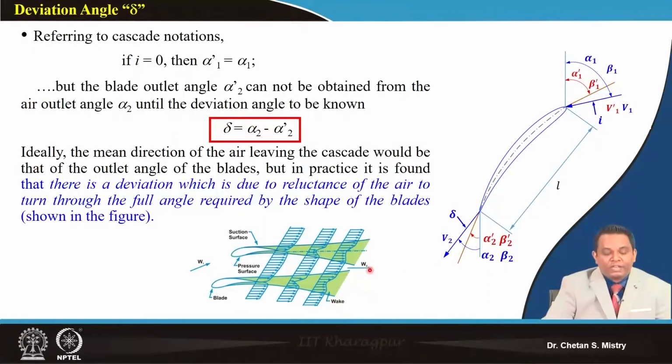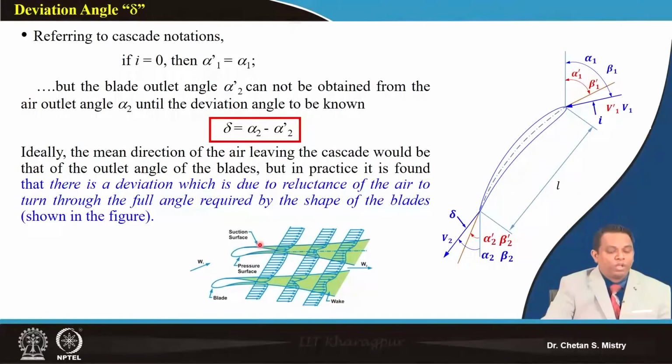The flow is reluctant to follow the shape of my blade. This is a region where I cannot avoid such a situation, and that leads to this deviation angle by default. So deviation is prone to happen when we are talking about the aerofoil.